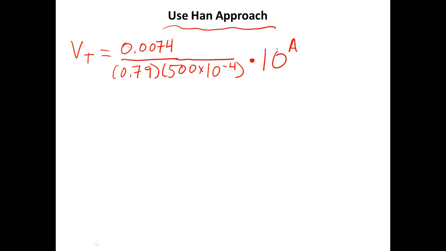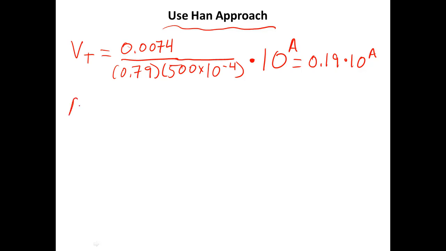And so we put in the system constants, the viscosity and density of methanol, as well as our particle diameter, all times 10 to the A power, which gives us a value of 0.19 times 10 to the A power.